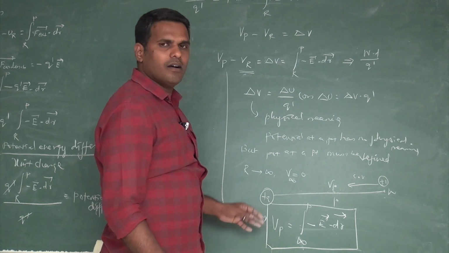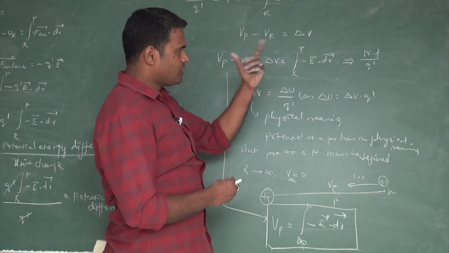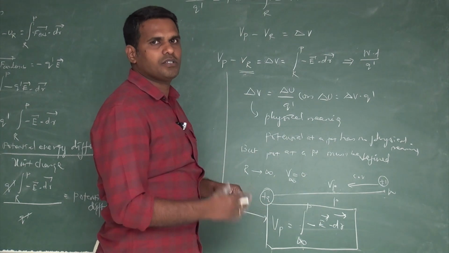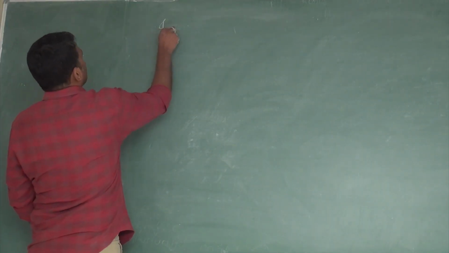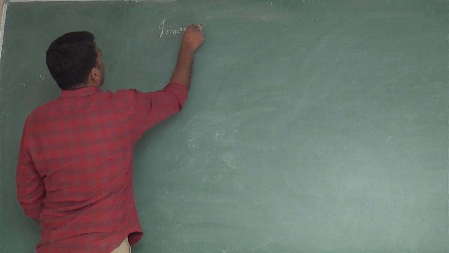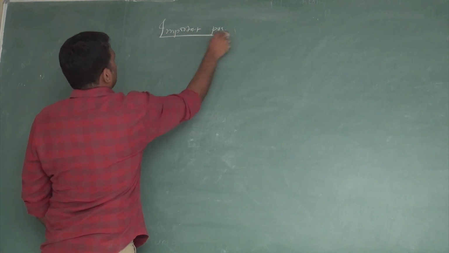Based on this idea, we are going to calculate the potential at a point due to a point charge. Based on the results we have obtained, we can speak about the important points here.